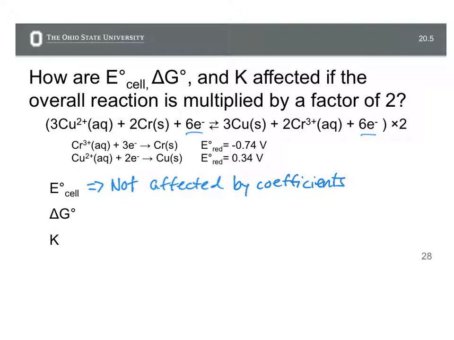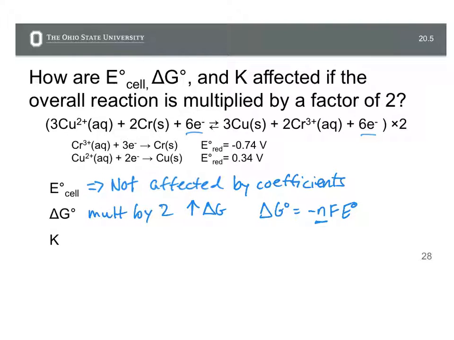But for delta G, if we multiply by a factor, a whole number, not a fraction, for instance by 2, we should see an increase in delta G. And that's because delta G equals minus NFE, and it's affected by N, the moles of electrons.